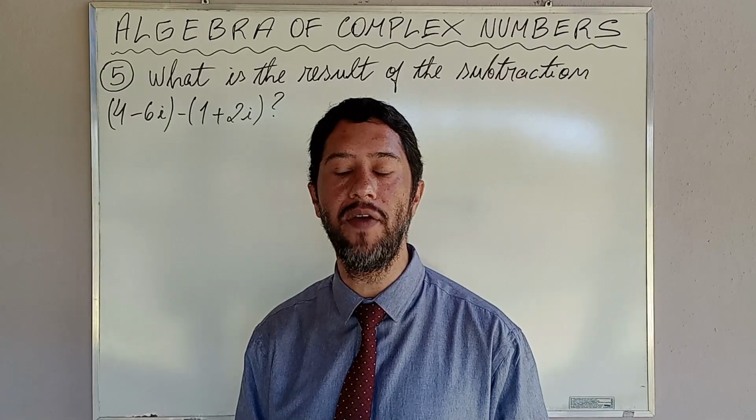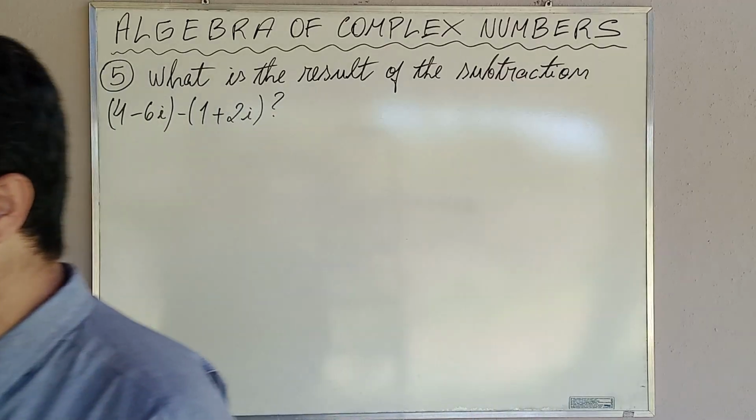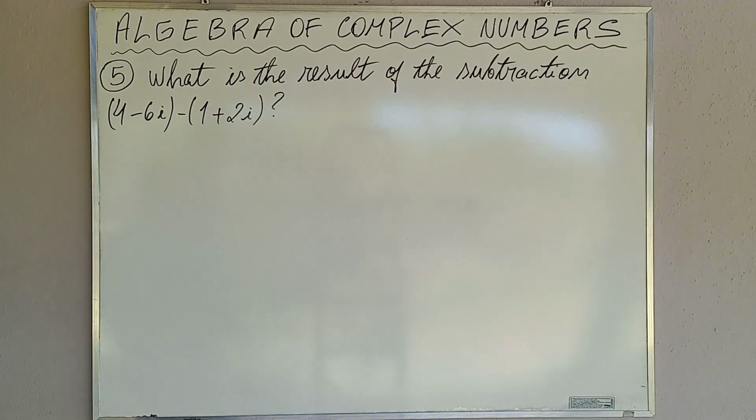Exercise number 5. What is the result of the subtraction (4 minus 6i) minus (1 plus 2i)? This is the question. Let's go to the solution. As for the addition, the subtraction of complex numbers is performed component by component.